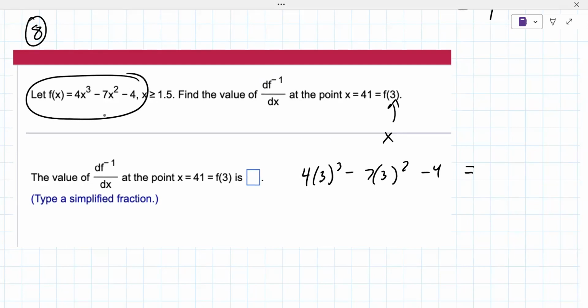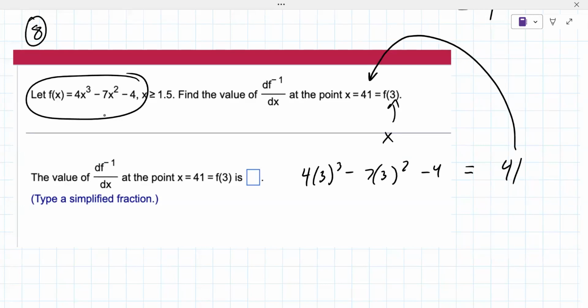Uh, 41. We shouldn't be surprised because that number is right there.